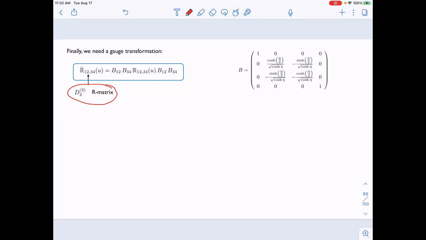Okay, so we have this very cool way to write the D22 R matrix, and this is what we'll call the factorization identity for the R matrix.